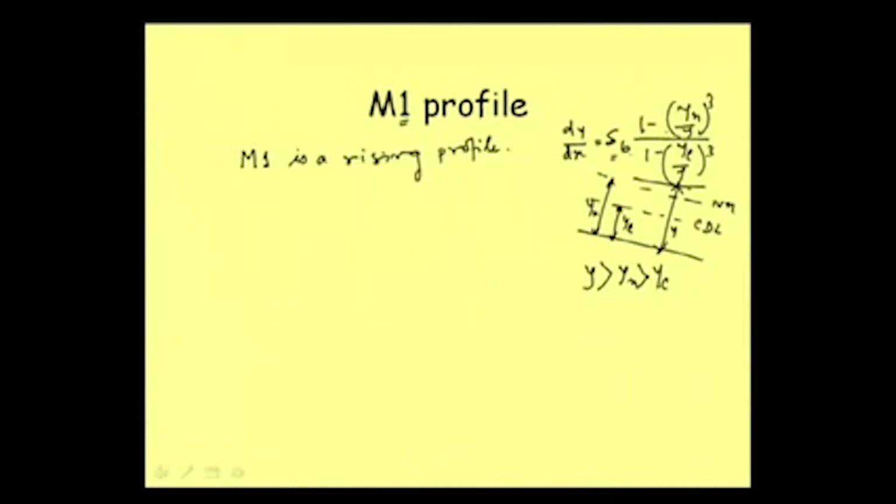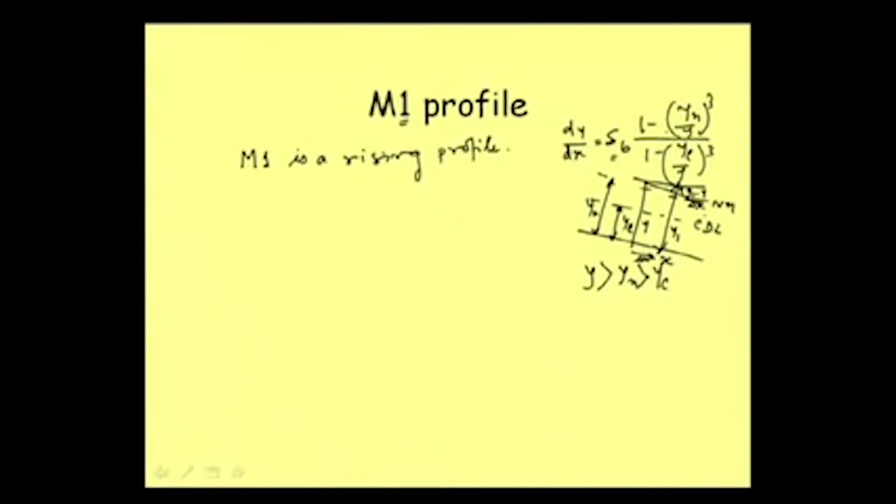This means that dy/dx, the change of y with respect to x, say depth here is y, here suppose y1, then the change of y with respect to x, x in this direction, is positive, means it is a rising profile. So this will always be positive. If it is negative, then only it will be a falling profile. Say this is y1 minus y; if this distance is delta x, then this rate is y1 minus y divided by delta x.